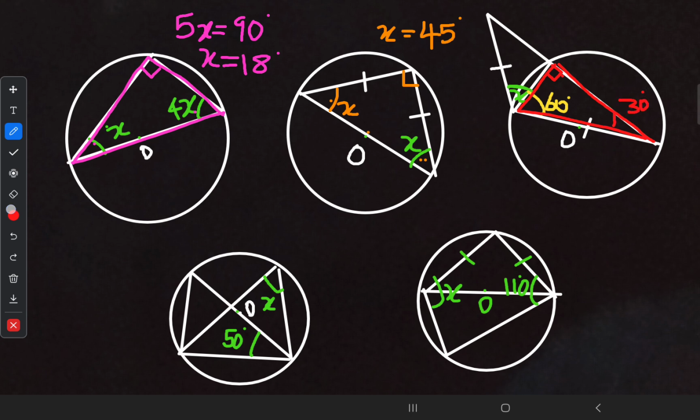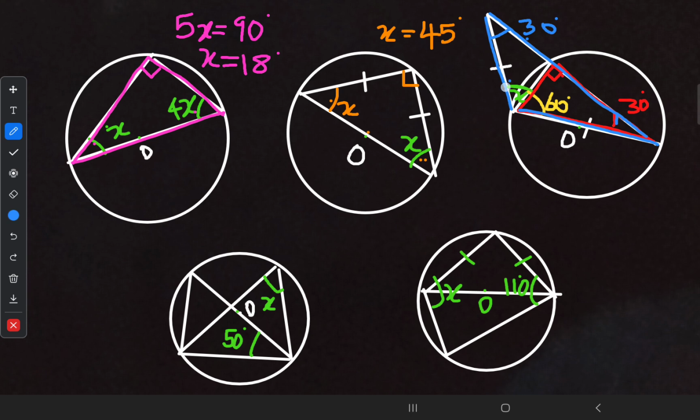Then another thing, look at the total triangle. This is an isosceles triangle because two sides are equal. According to the data, you can find these two sides are equal with each other. So if this angle is 30 degrees, this angle also would be 30 degrees. 30, 30, 60. 180 minus 60 is 120.